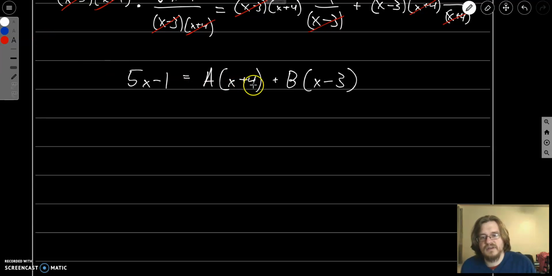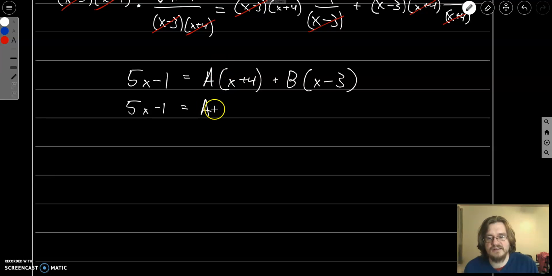The next step, I want to expand everything. So let's simplify. So a times x plus 4 times a, we've got b times x and b times negative 3.